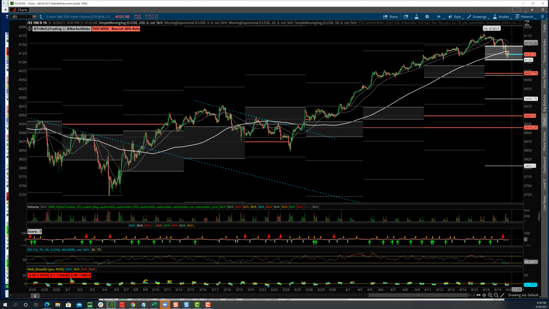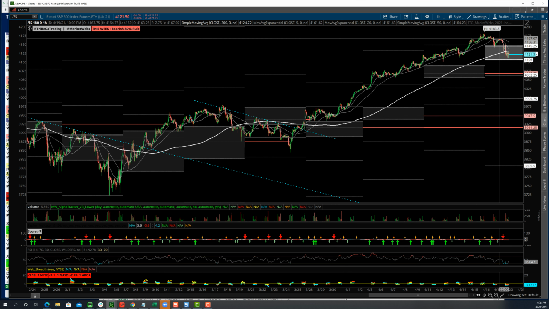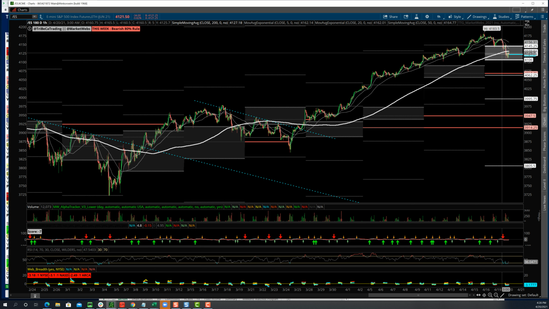And I made some decisions today, and I had mentioned in yesterday's video, I said, hey, if this does not hold, we bounced yesterday, a weak bounce at that, made a lower high here, but I said if we breach 41.45, that to me means the short-term uptrend has been breached, right?